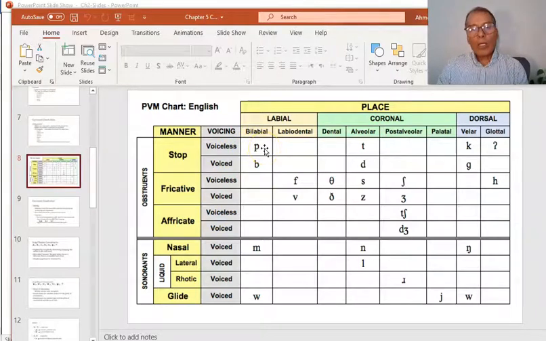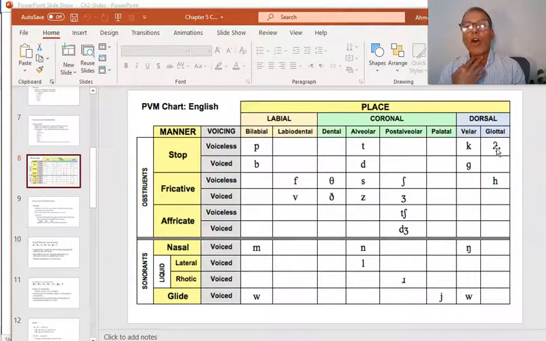Here, there's the p and b, t and d, k and g. And this symbol stands for the sound when you say utterly. That is called the glottal stop. It's a sound as when some people say cotton.